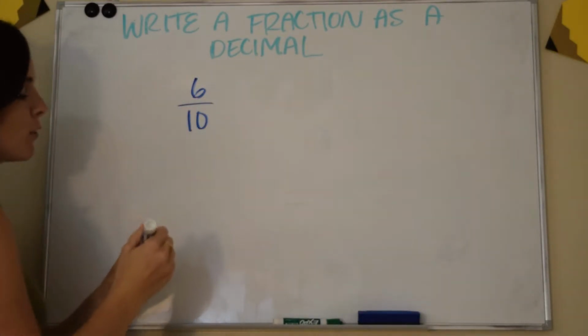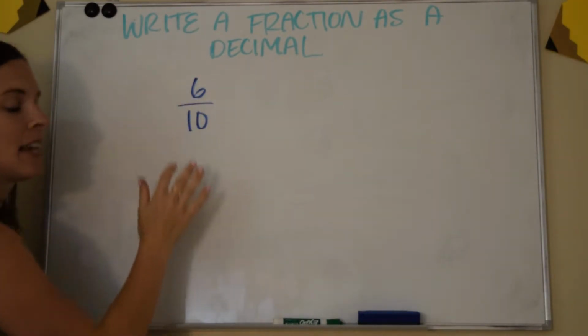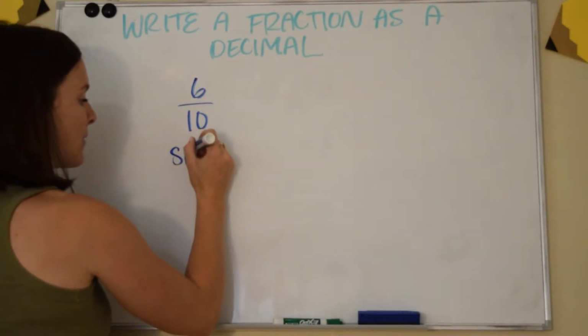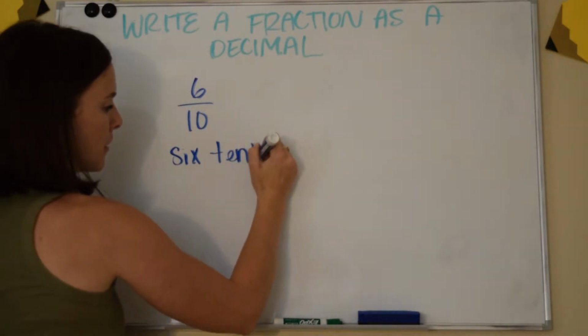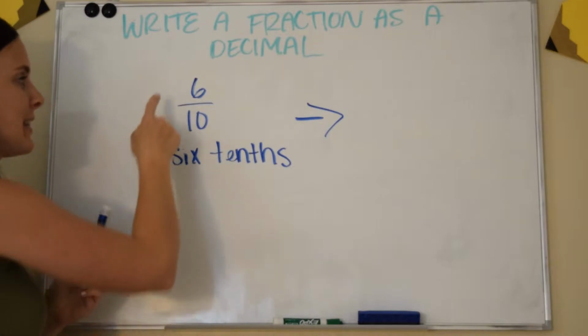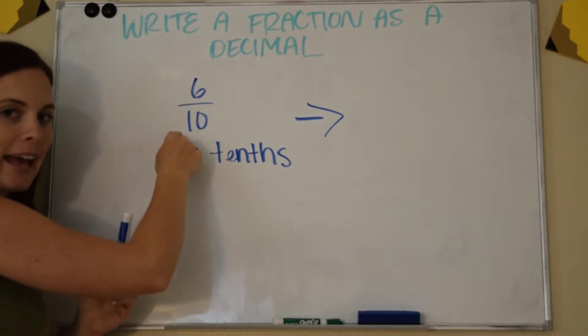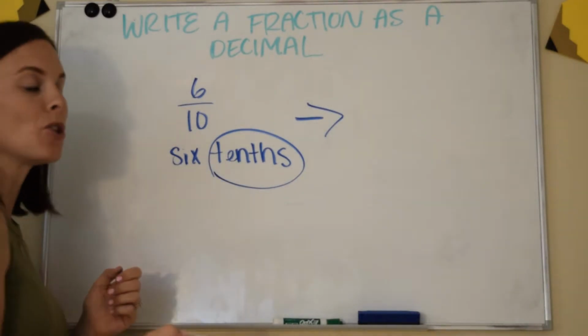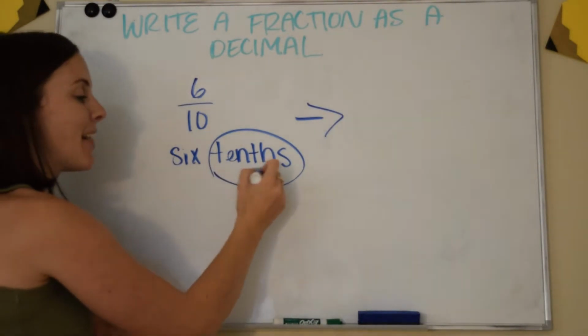If you read this as a fraction, you would say I have six tenths. If I wrote that in word form, I would have six tenths. So how do I write that as a decimal? Well, the biggest part is to understand the word form. When you say this properly, I say six tenths.